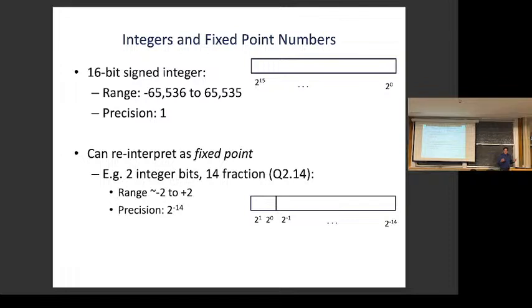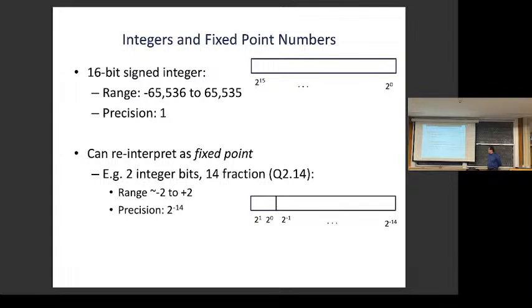I got another question for the integer bits. There are only two bits for the integer bits, right? Yeah, in this choice that I've made, we're going to interpret our input as 2 integer bits and 14 fraction bits. And for the range, it is -2 to +2.